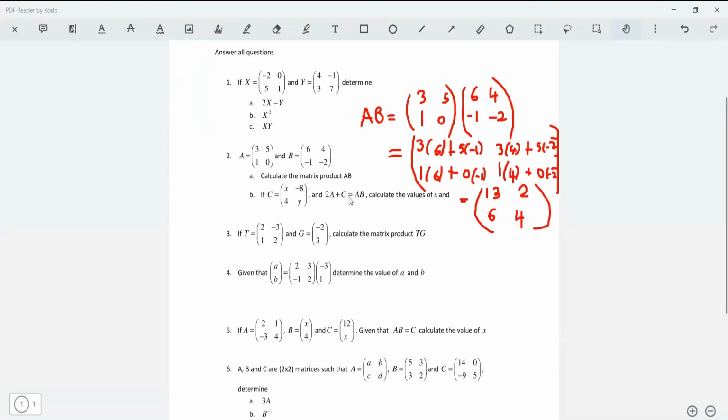We have T as the matrix 2, minus 3, 1, 2. And then we have the matrix G. What was G? Let's go back and see. I think it was minus 2, 3.